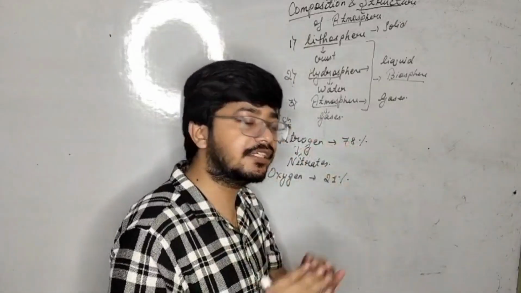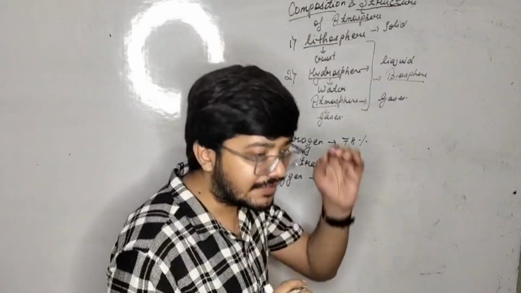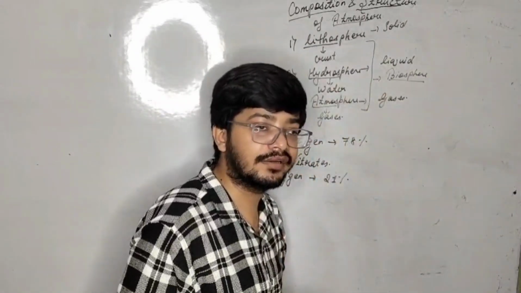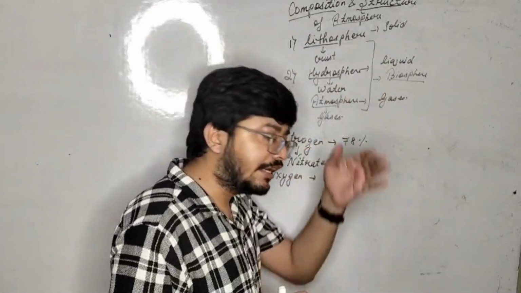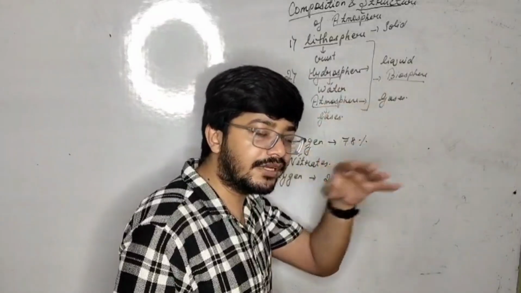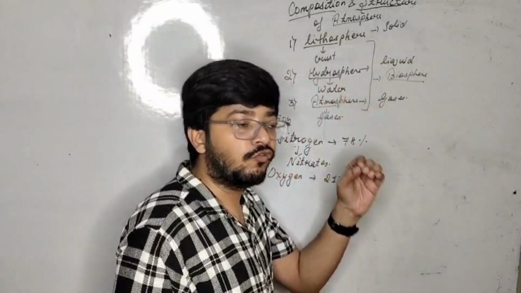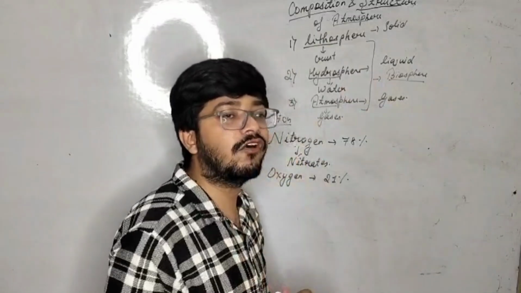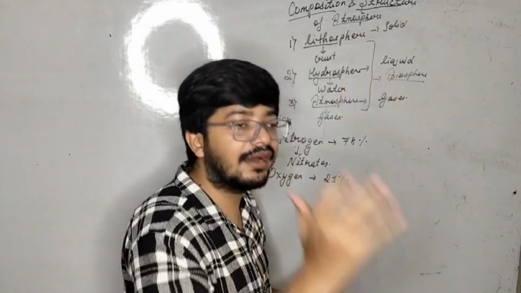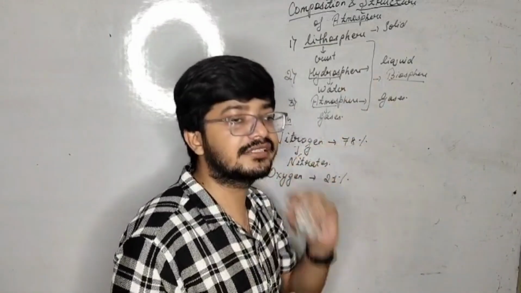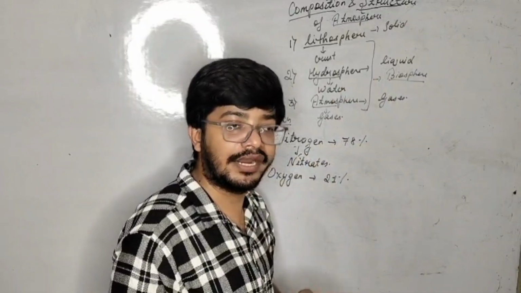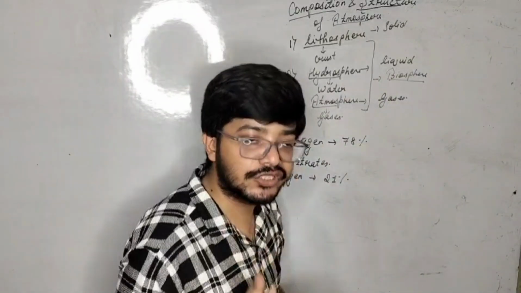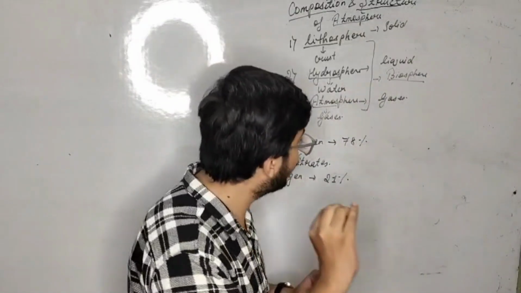Third, the exchange of gases takes place because of the physical contact between land, air, and water. Carbon dioxide, which we get from this atmosphere, keeps the earth warm. It absorbs the sunlight. Understand? So these are some of the important functions of the atmosphere.